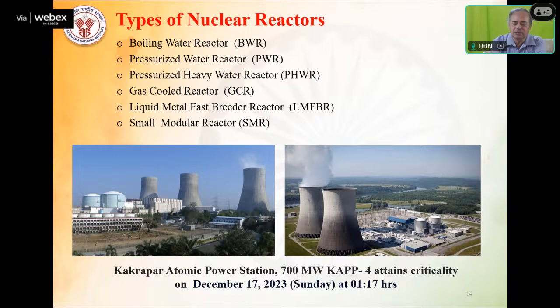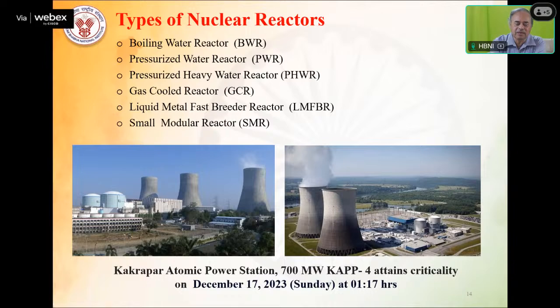Then liquid metal fast breeder reactors. As I mentioned, we have the test reactor at Kalpakkam, and the prototype is getting ready for commissioning at Kalpakkam. Then small modular reactors. This is a newer type of reactor being researched or developed in many countries.